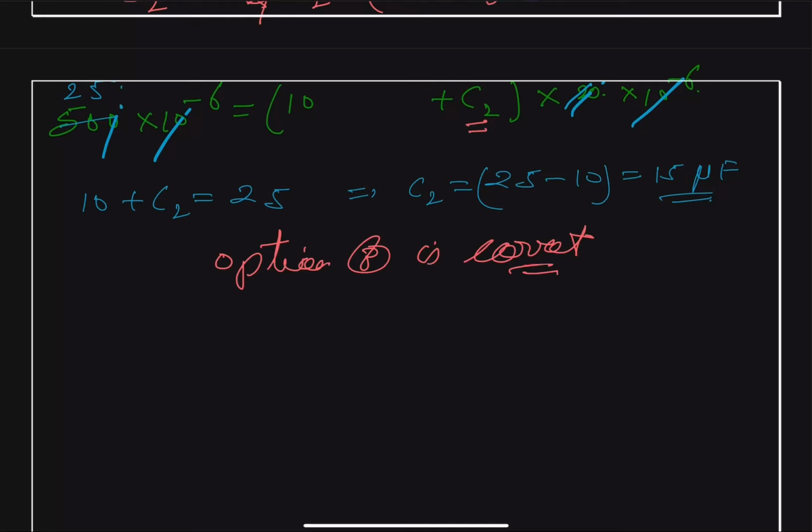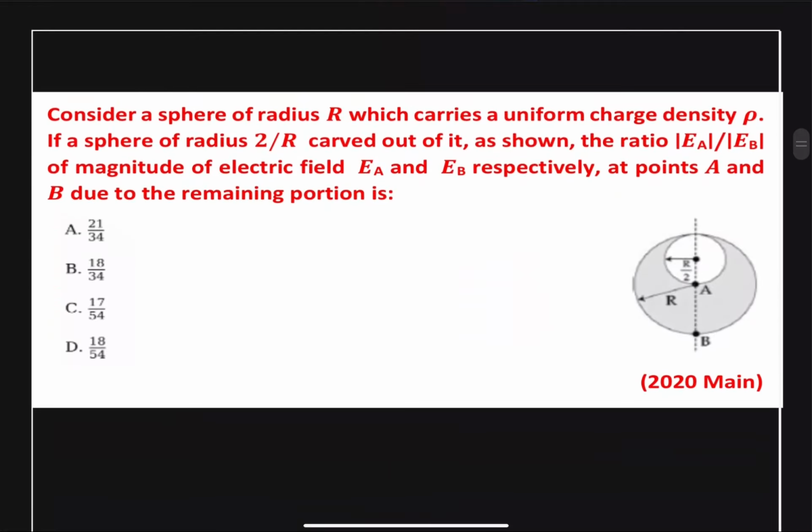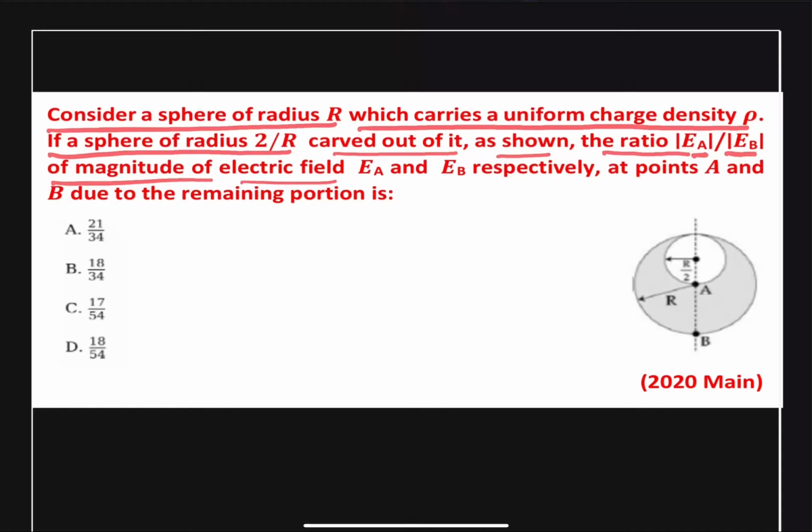Next question. We are given, consider a sphere of radius r which carries a uniform charge density rho. If a sphere of radius r by 2 is carved out of it, as shown, the ratio of the magnitudes of electric field EA and EB at points A and B respectively, due to the remaining portion, is.